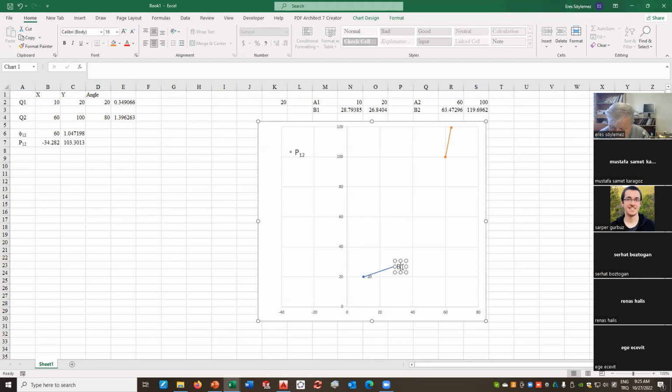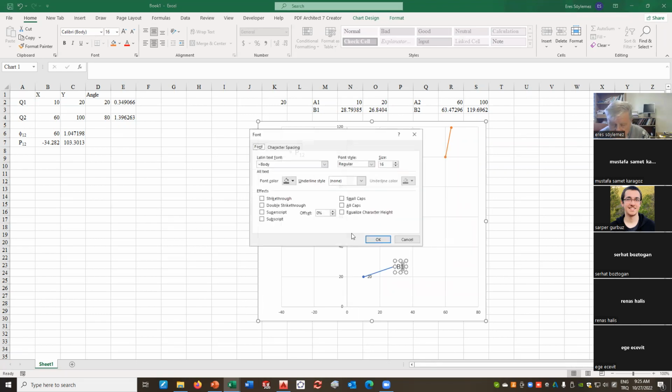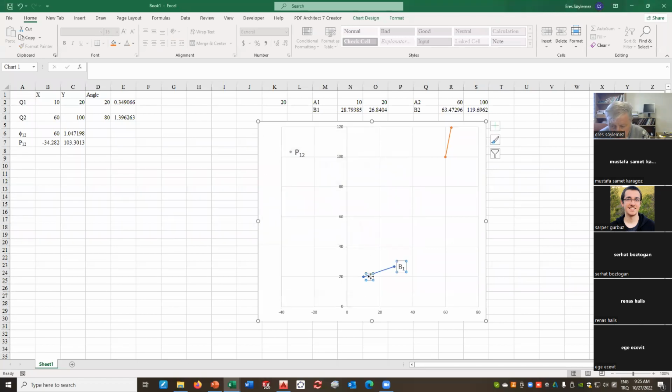If you want, make it subscript. A1, increase the size.